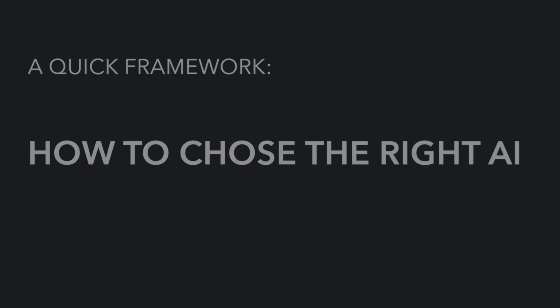Now that you know these, I want to give you a quick framework for choosing which one to use. Anytime you need to make a precise and accurate prediction, you're probably going to look at a type of predictive AI. If you need to explore your data, especially at scale, and you need precise information about whatever you're trying to do or discover, you're often going to use exploratory AI.